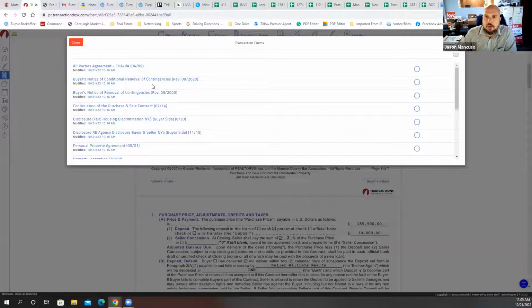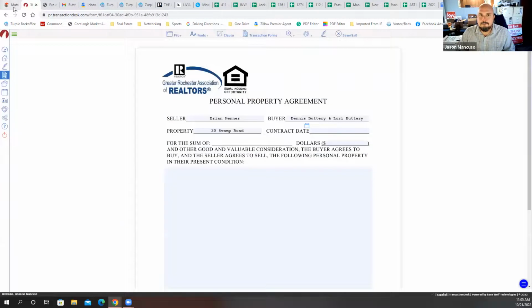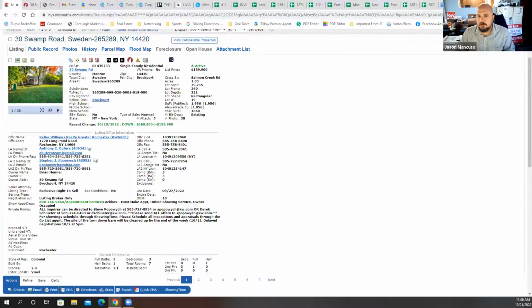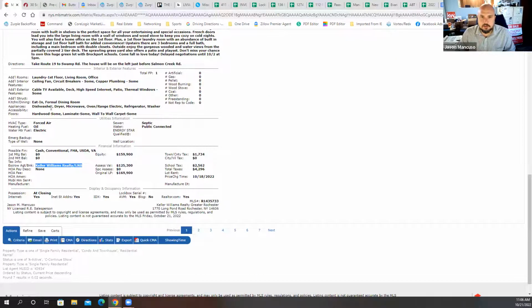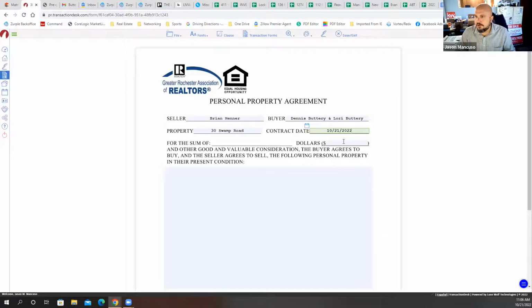Okay. So what else do we have? We have personal property agreement, which is there. I'm going to look in this section, appliances, and if there's anything else that's included, and add those in. We want to use contract data today. With a finance deal, you want to add $1 here. And that shows the bank that all the appliances are not included in the purchase price and that the buyer is actually buying them for $1.